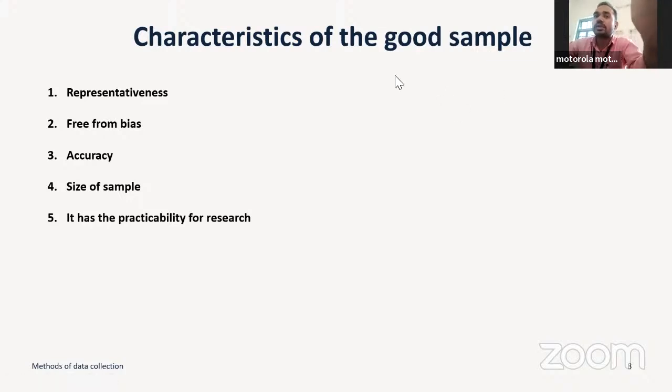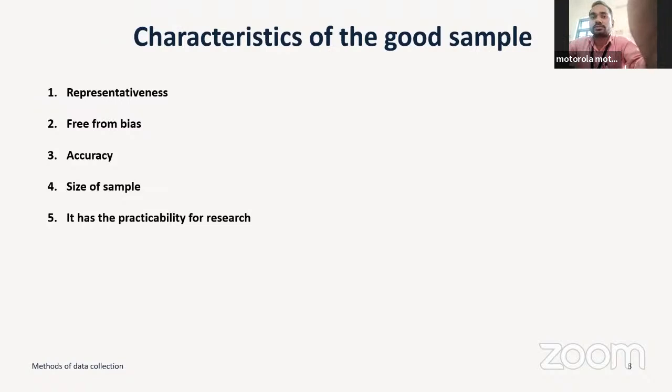It should be free from bias. No judgmental or emotional attachment of the researcher with the sample or the sampling process. It should have high accuracy. Size of the sample is one of the important factors when you are going with the sampling method. It has practicability for research.